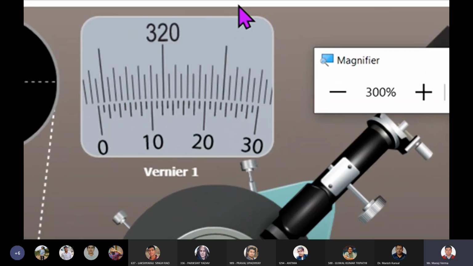Can you tell me what is the observation of the main scale division? So 314. 314. Okay.